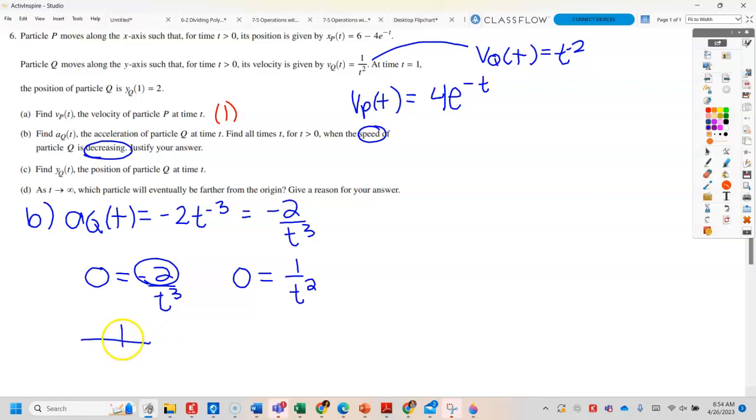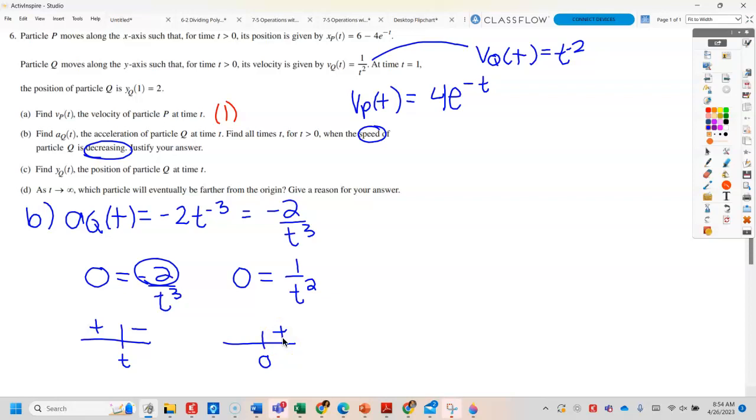So acceleration is negative always here, and positive always there. But we don't care about times less than or equal to 0. And anything squared is always positive, so velocity is always positive.